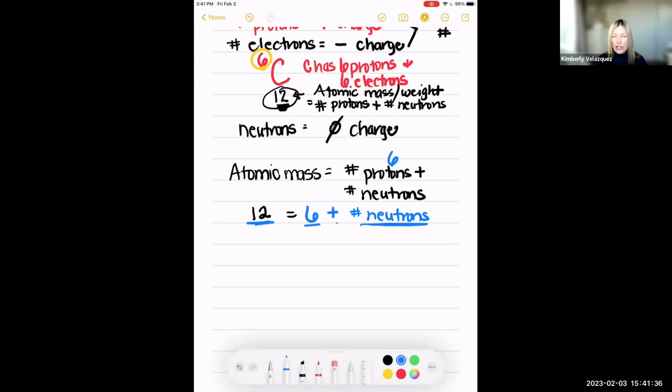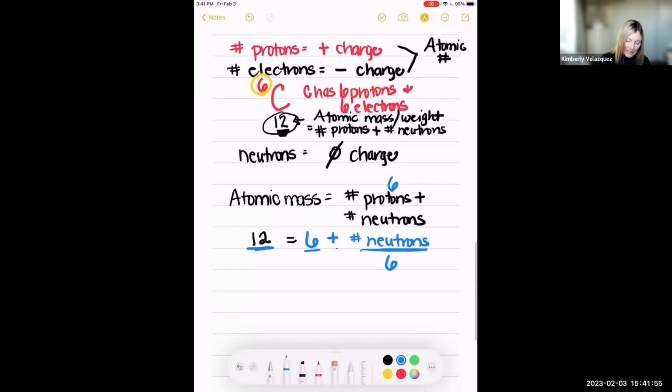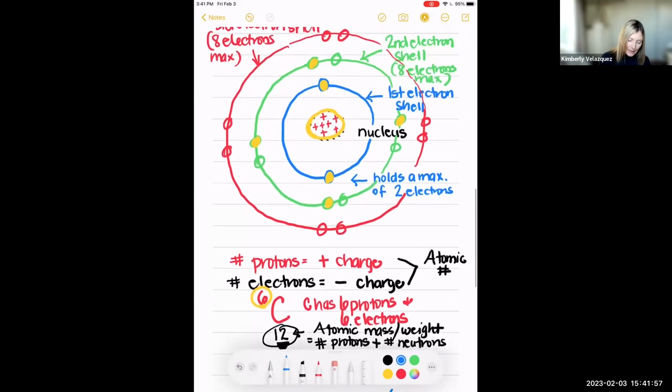So how many neutrons would carbon have? It also has 6 neutrons. That is not true for every element, though. We'll look at other examples in a minute where you can see that neutrons, protons, and electrons are not equal for every element. So that means carbon in the nucleus has 6 subatomic particles with no net charge.